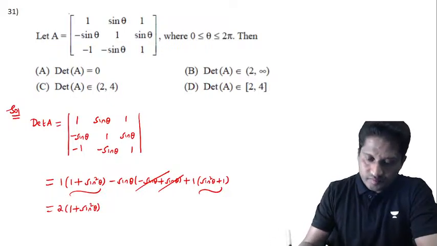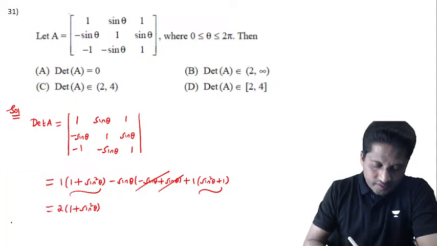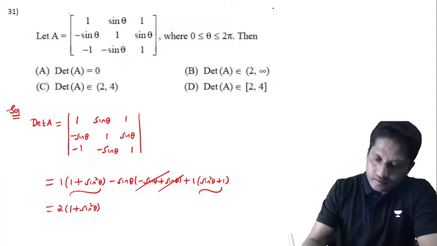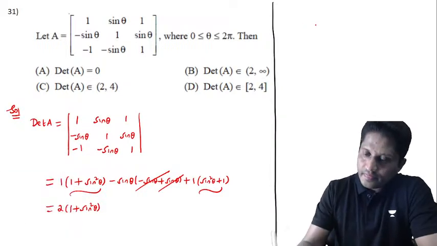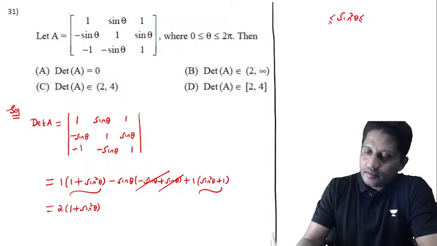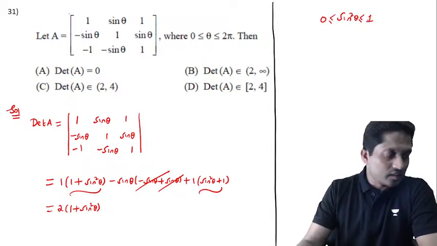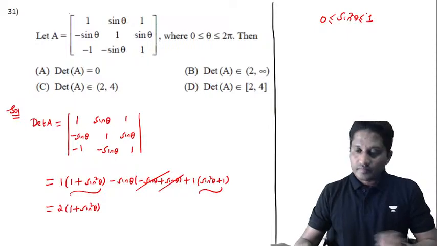Right, now, if I want to find the range of det A, sine square theta lies between 0 and 1. Minimum value of sine square is 0, maximum value of sine square is 1.